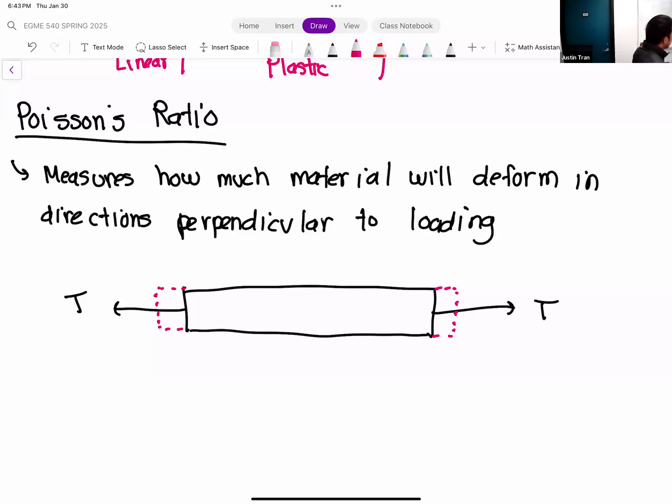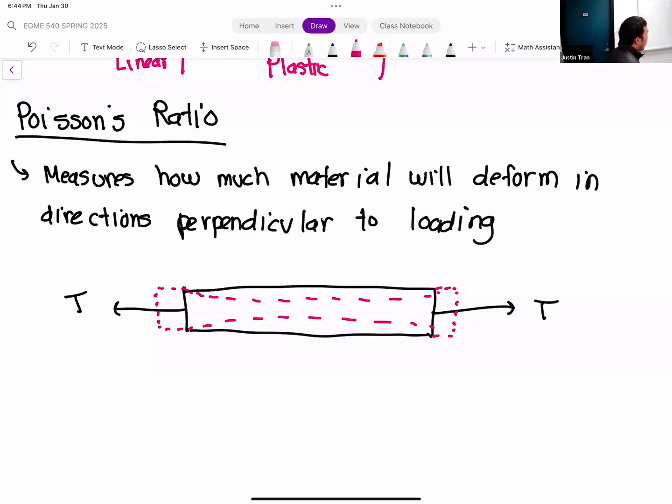One factor that we didn't account for is that this rod has a fixed amount of mass associated. So if you're increasing the length of the rod, that increased length is not coming from the void. It's not coming from nothing. That increased length has to come from somewhere. Where that length comes from is that other parts of the rod are actually getting thinner.